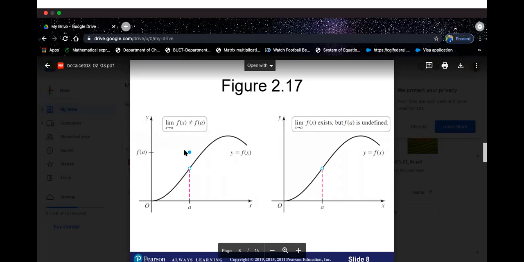Let's say that's f of A. So now the first question is, don't look at the right graph, just look at the left graph. Does the limit exist for this function? And why?